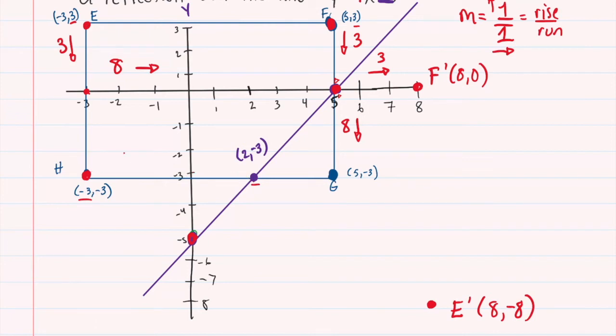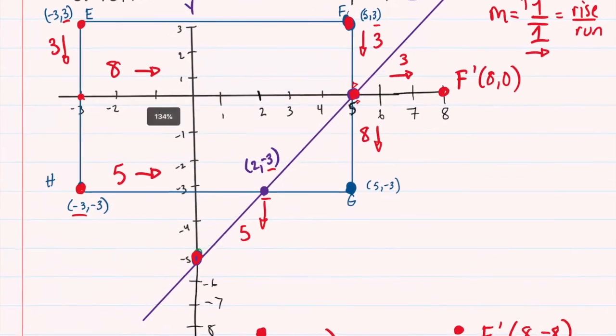That will be 5 to the right. So because it's inverted, instead of going right, I go 5 down. If I'm at -3, I go 5 down. That'd be at -8 right there. That's going to be H prime. And that point will be considered, let's see, the x is 2 and this is -8. There you go.